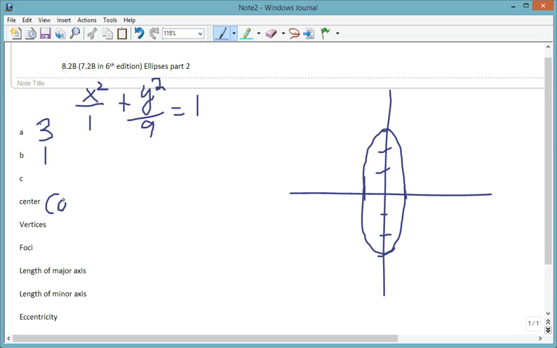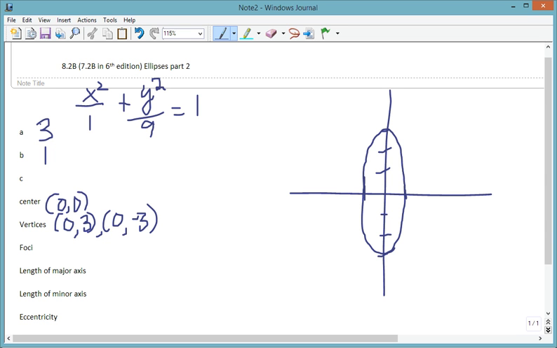The center is still 0, 0, and if you skip down here to the vertices, you see this time instead of being over 3, it's up, right? So it's going to be over 0, up 3, and over 0, down 3. Those are my vertices.